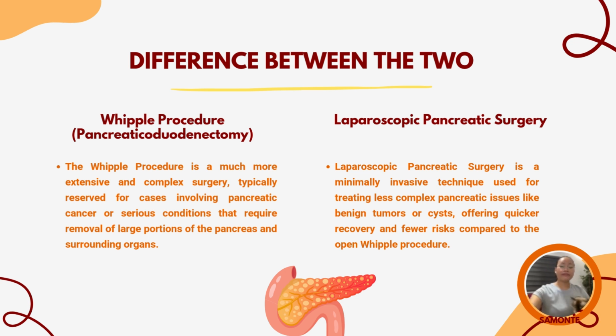On the other hand, for laparoscopic pancreatic surgery, it is much gentler. Doctors use small cuts and tiny tools to treat less serious problems like non-cancerous tumors or cysts. It's quicker, less painful, and patients recover faster. So in short, Whipple for serious cases and involves more organs, while laparoscopic surgery is less invasive and used for milder conditions.